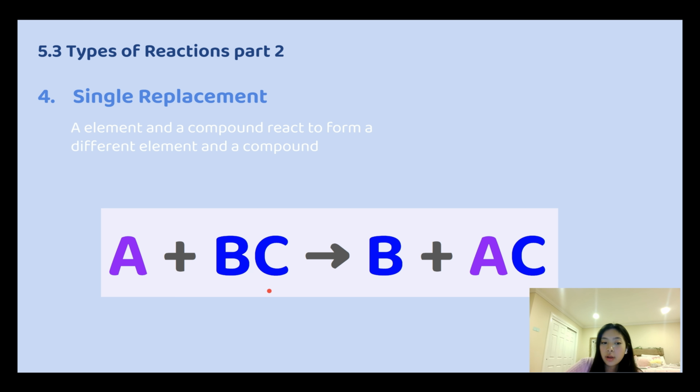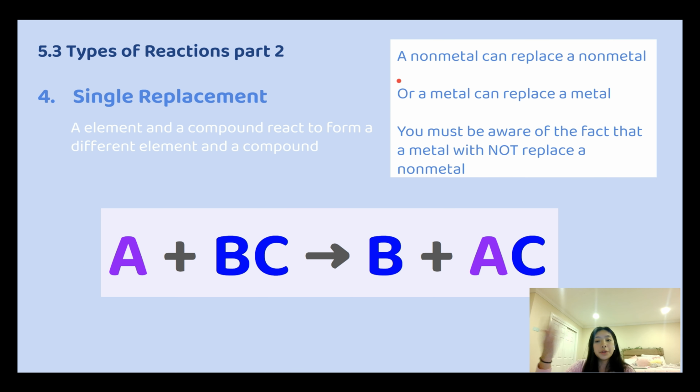So remember, let's say A is a metal. A metal has to displace another metal. A metal cannot displace a nonmetal, meaning A plus BC cannot form AB plus C, because both A and B are nonmetals.